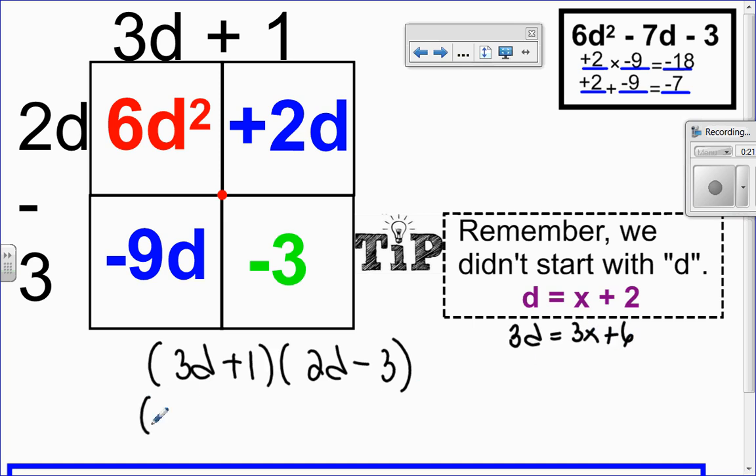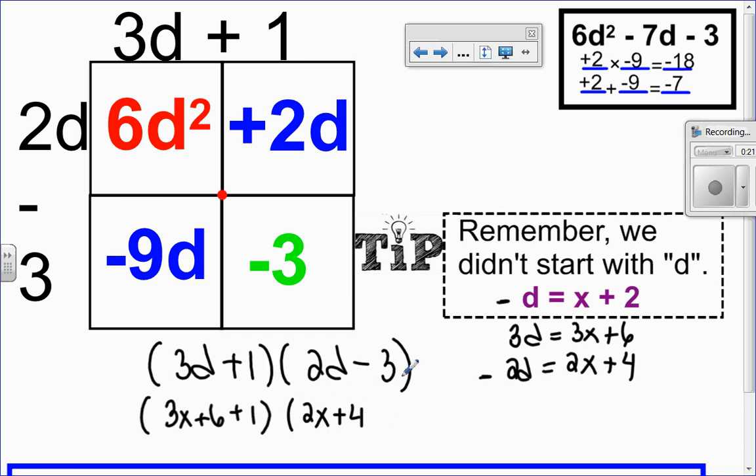So let's replace that over here: 3x plus 6, that's what 3d is, but I have to add on my 1. And 2d would be double x plus 2, which is 2x plus 4, but don't forget to subtract 3.